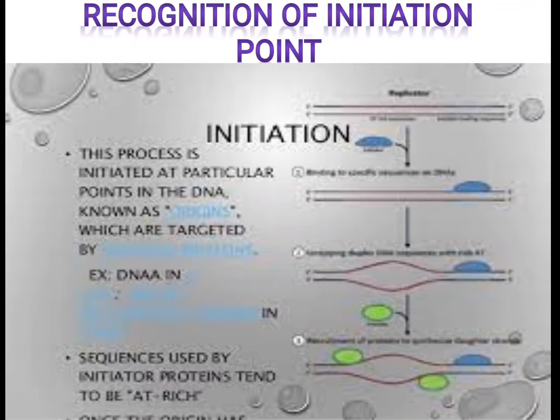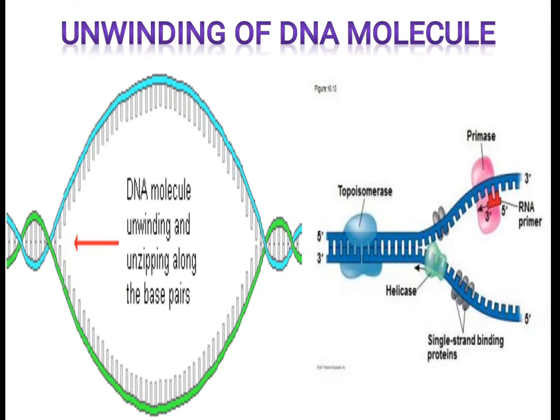After this, once the initiation point for the replication to take place has been recognized, the next step is the unwinding or the unzipping of the DNA molecule. As you can see in this figure, the unwinding and unzipping has occurred. Here, just like a zip, it has been represented as it opens.